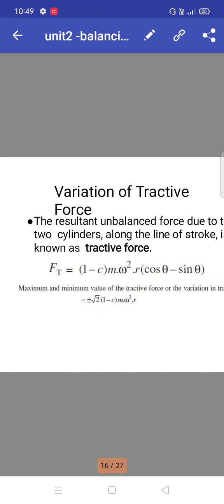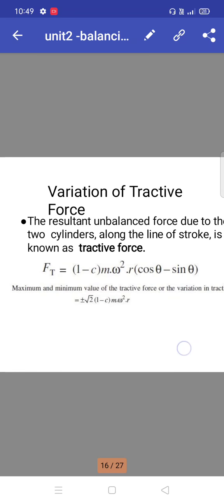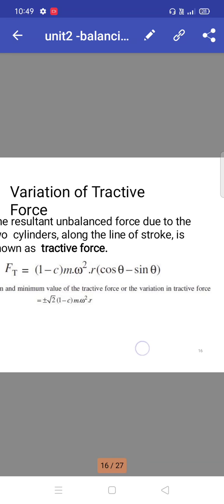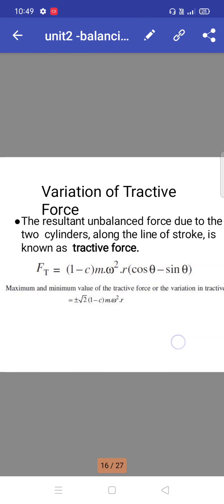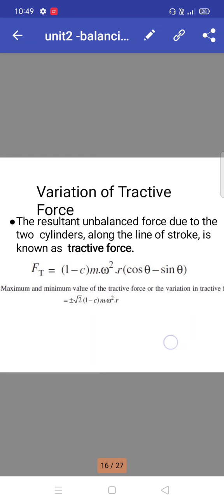So, variation of tractive force. The resultant unbalanced force due to the cylinders along the line of stroke is known as tractive force. So F suffix T is the tractive force, which is equal to 1 minus c into m omega square r into cos theta minus sin theta.